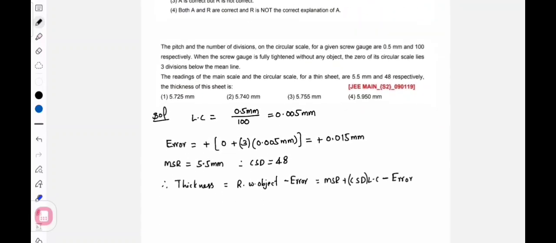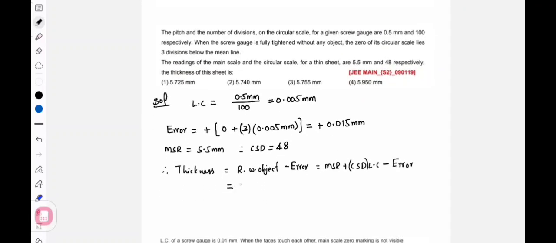So MSR is 5.5 mm, CSD 48, least count 0.005 mm, minus error, which is plus 0.015 mm.